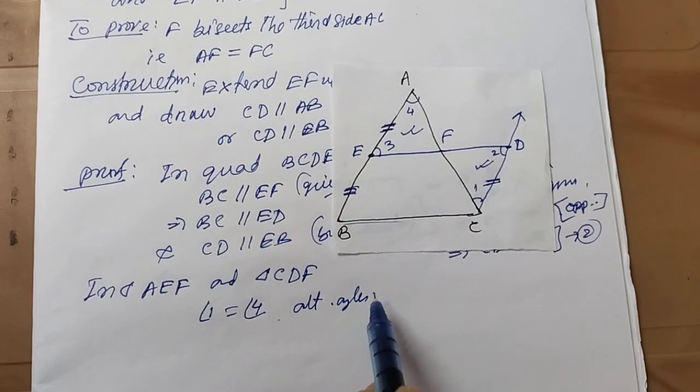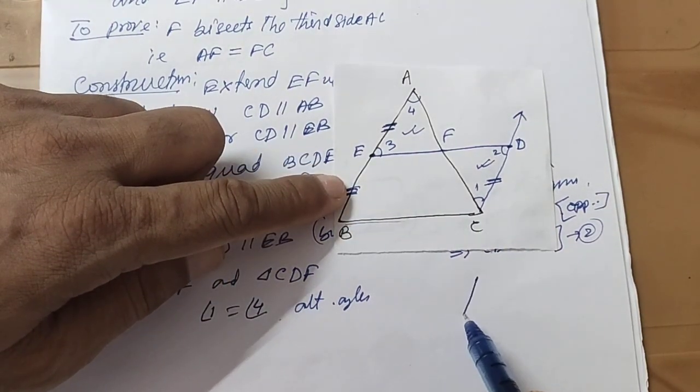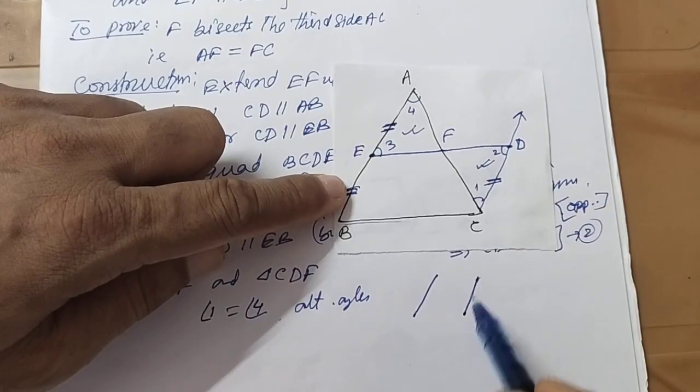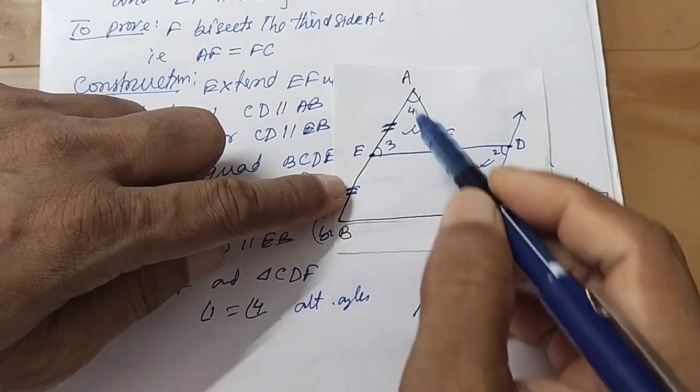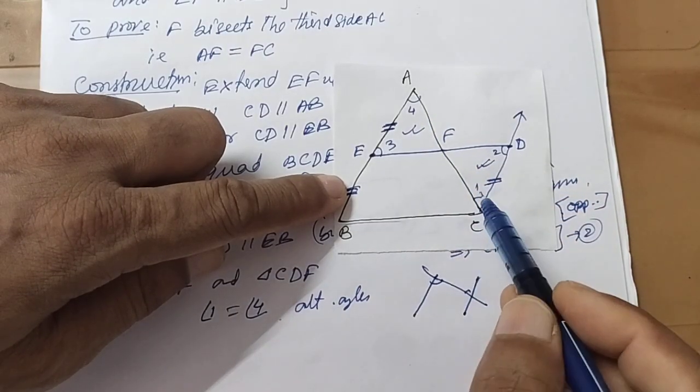How? I am drawing here again: DC and AB are parallel and AC is the transversal. This angle and this angle are equal, they are called alternate angles.